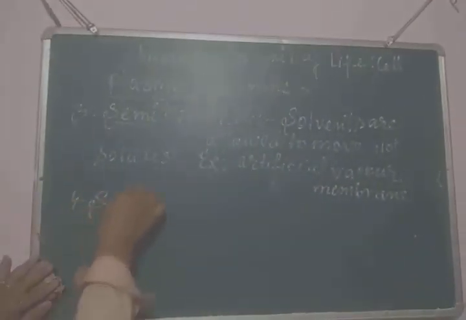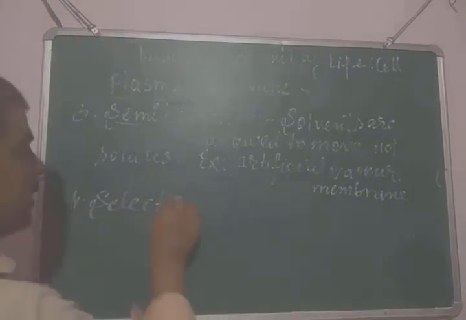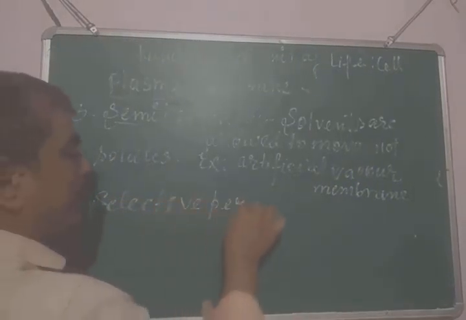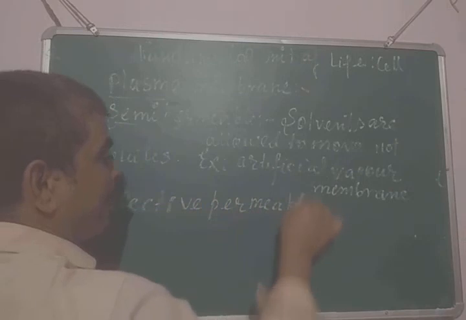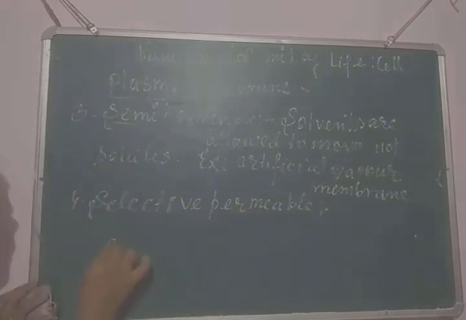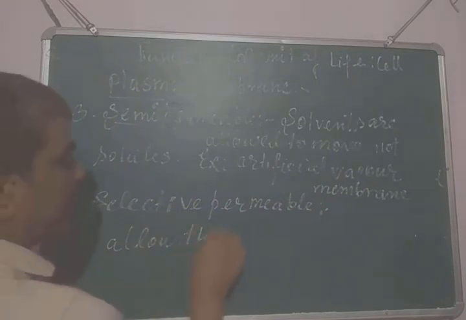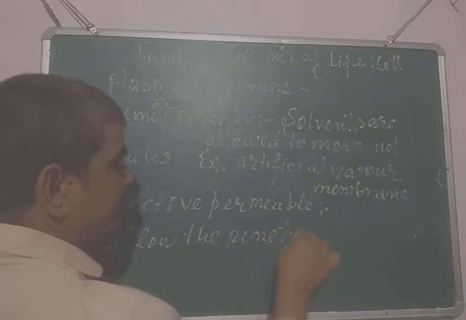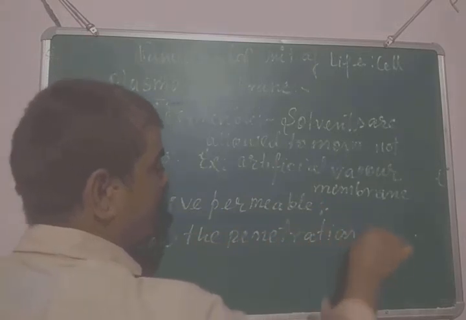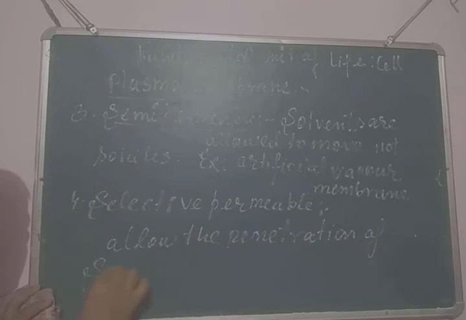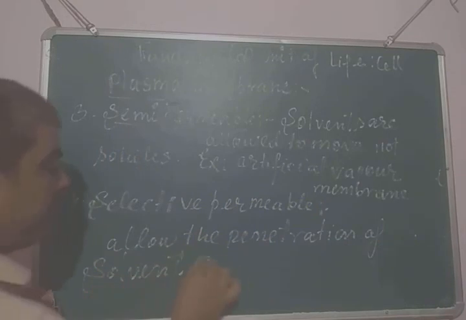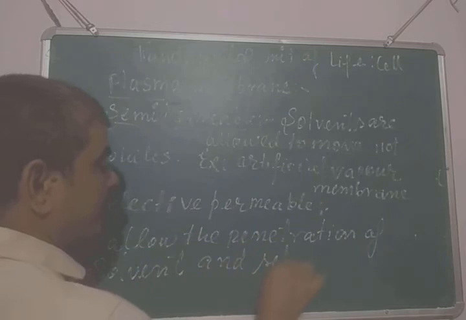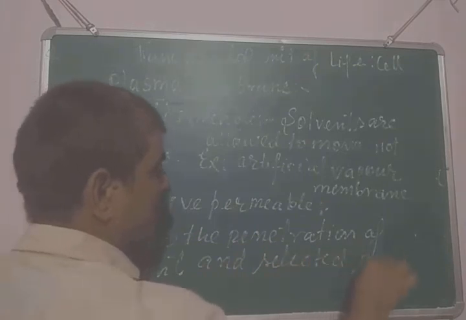The last kind of permeability is selective permeability, or selectively permeable. This allows the penetration of solvent and selected solutes are allowed to move.